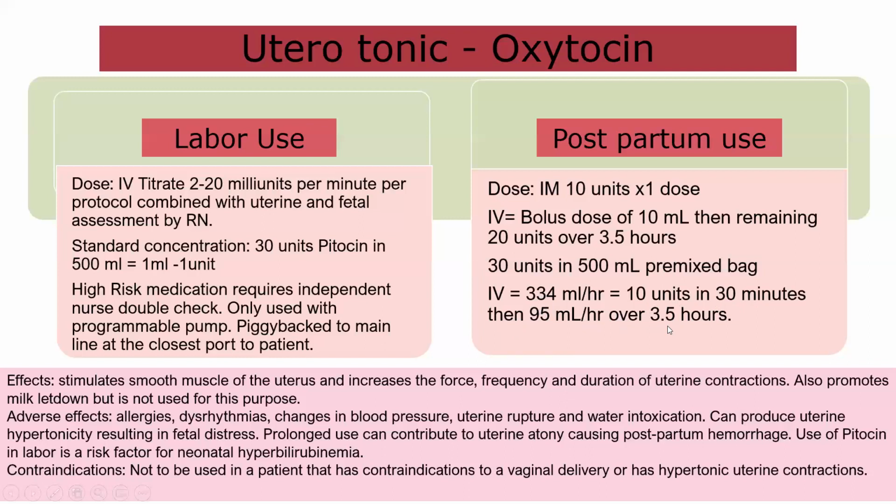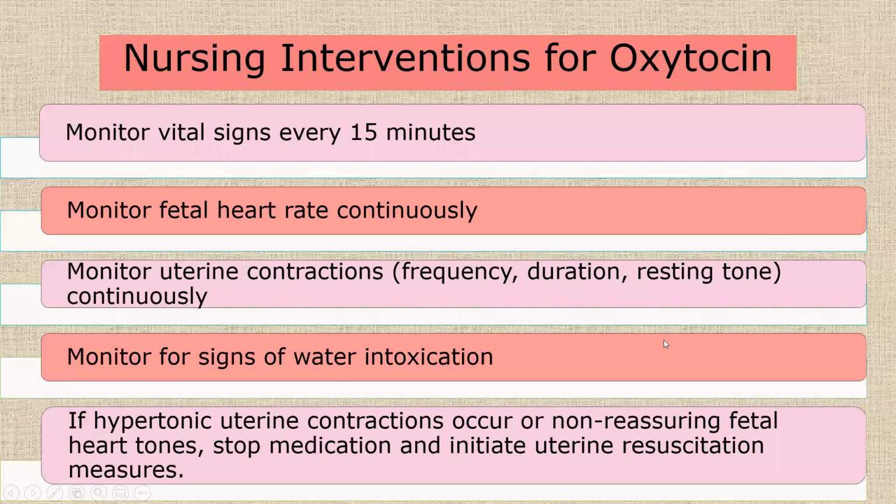There are lots of issues with giving a big bolus, including water intoxication and uterine rupture and all sorts of things. So when a patient is on oxytocin and she's still pregnant, she needs continuous monitoring. When a patient has had her baby, we need to be watching her vital signs very closely when we are giving that large bolus dose of oxytocin. Here are your nursing interventions for oxytocin.